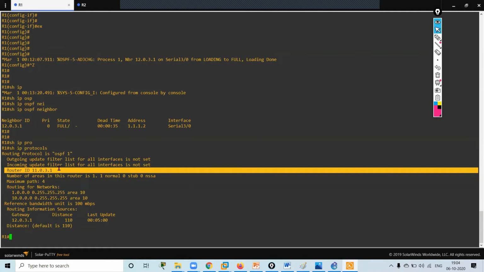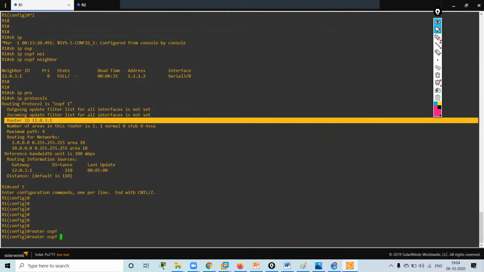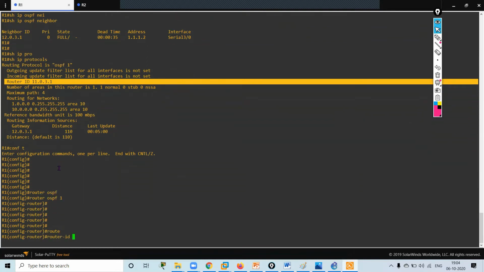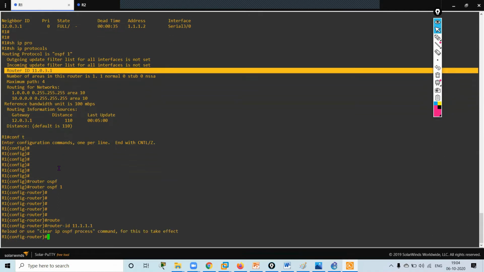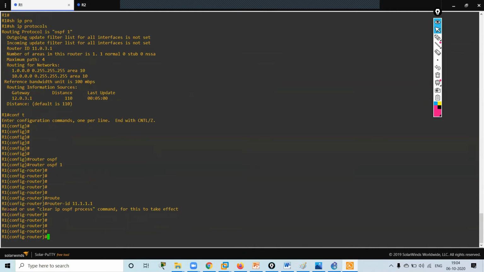Now if I want to configure a manual router ID, I'll go into router mode and say router-id, I can give any IP address. Now it is showing me to either reload or use the clear ip ospf process command for this to take effect.